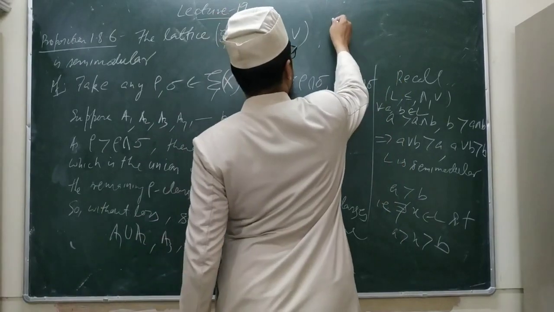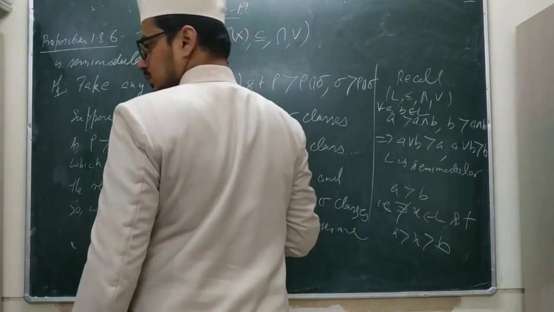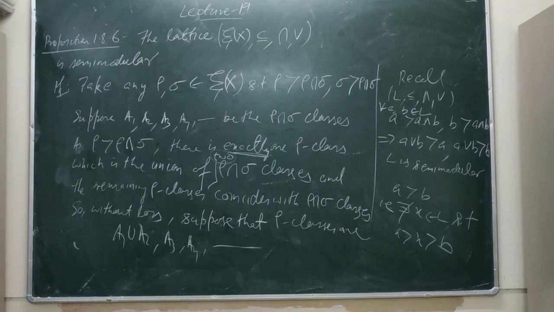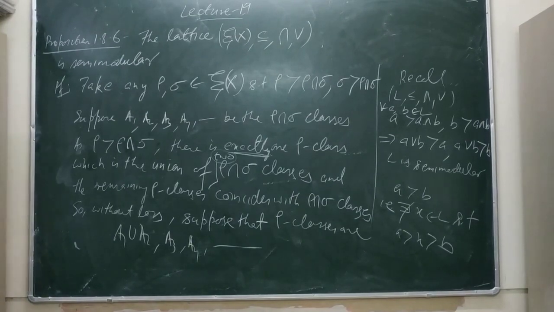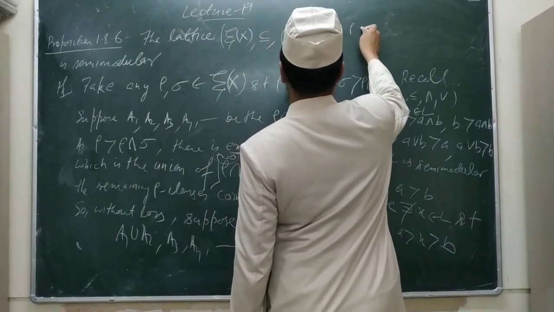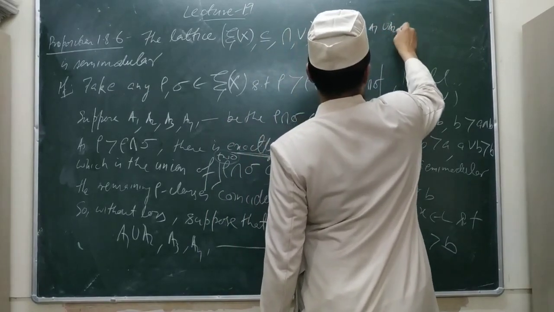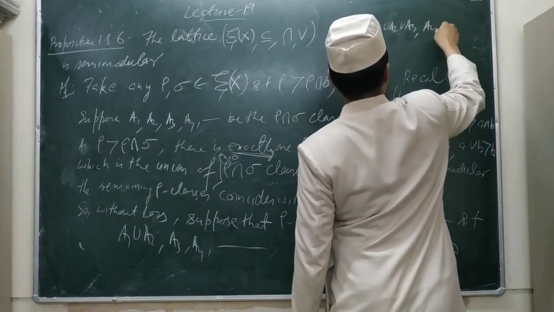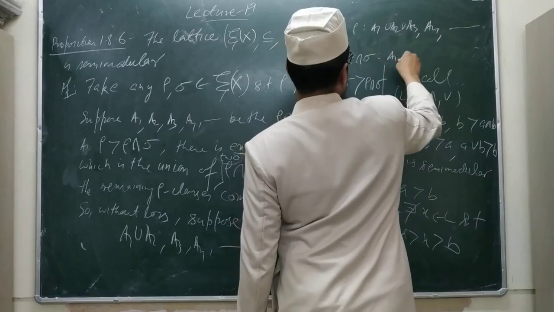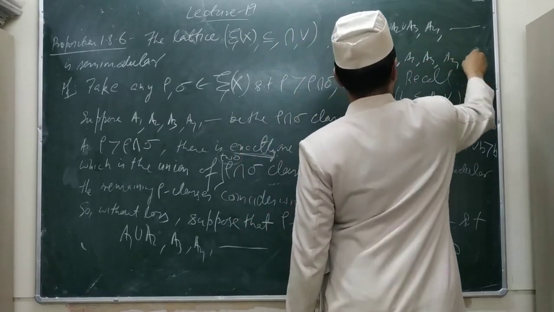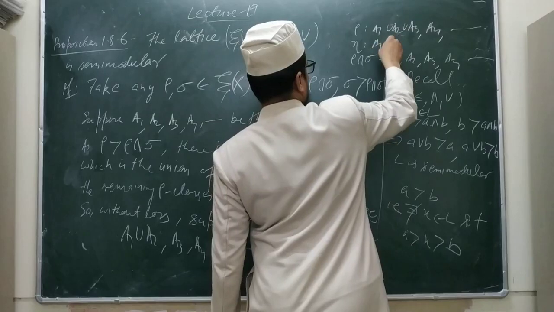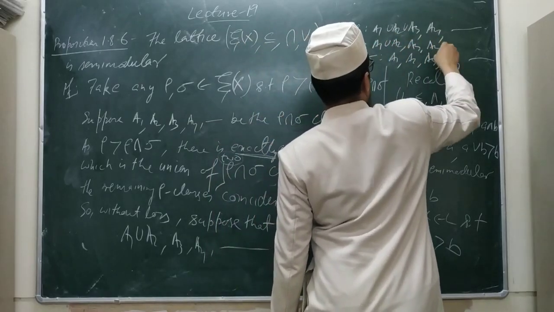I am saying that if we take rho as A1 union A2 union A3, comma A4 and so on, and rho intersection sigma as A1, A2, A3, A4, then in between some class will come, say A1 union A2, comma A3, comma A4, like this.